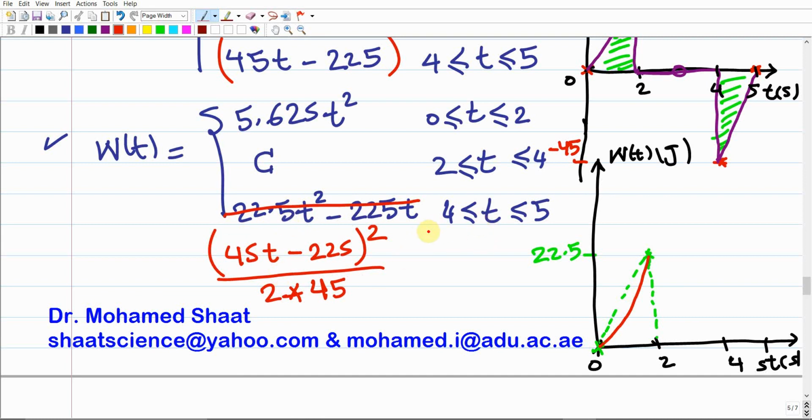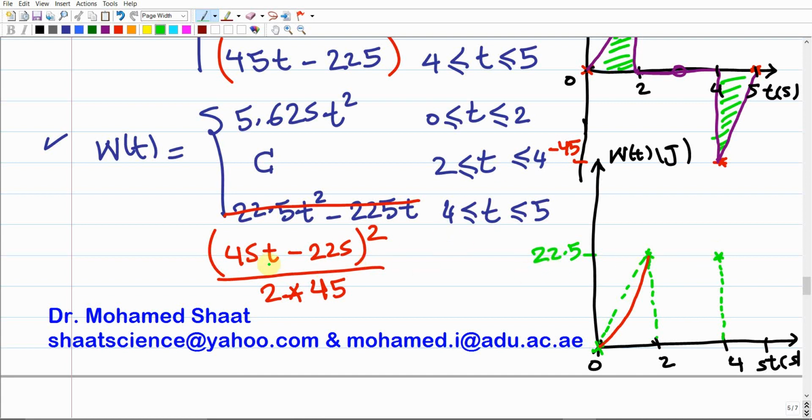Now, if you plug t equals 4 into this expression, 45 times 4 negative 225 squared, divided by 2, divided by 45, this gives us 22.5. So when t equals 4, let me use the green color, we end up with a point at 22.5 as we got here, right?